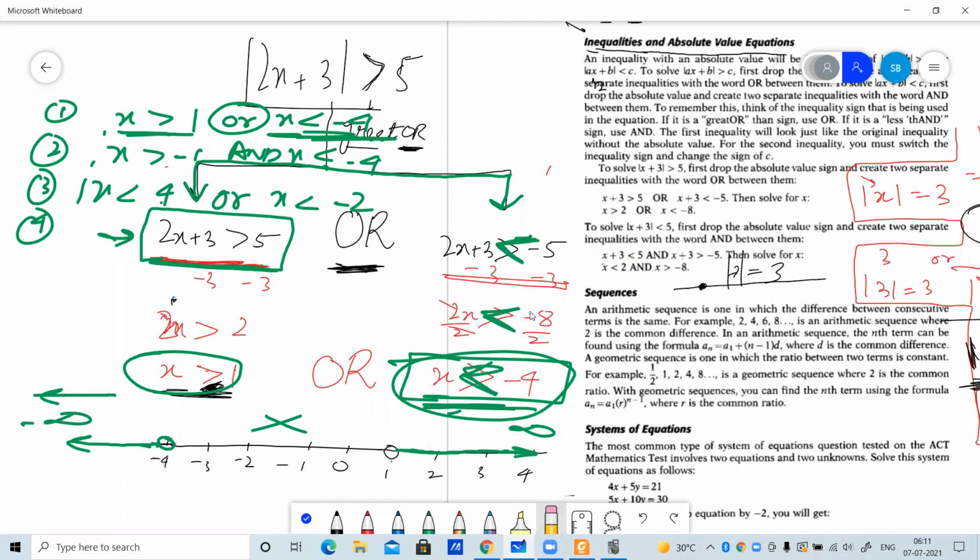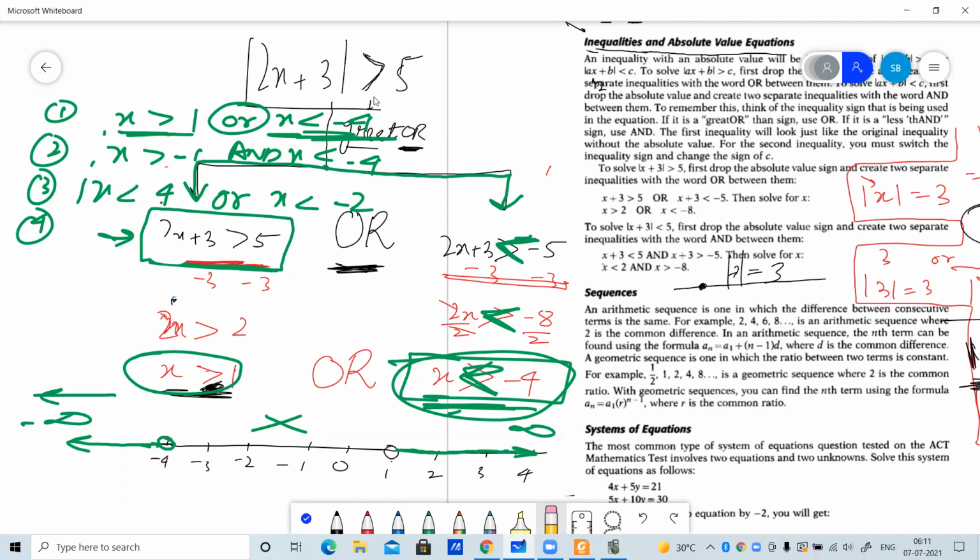Got it. So whenever you want to convert a greater than absolute value inequality, you have to make two inequalities, and one will be the same: 2x plus 3 is greater than 5. Another one will be 2x plus 3 is less than -5.